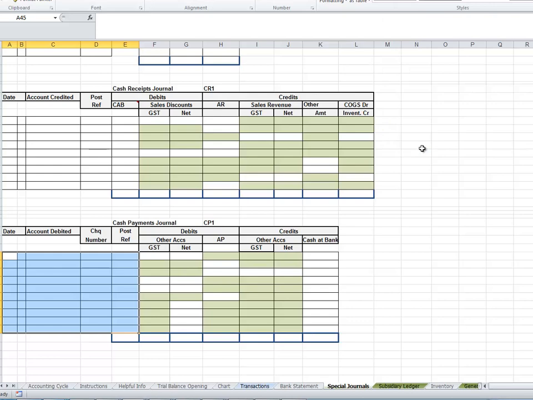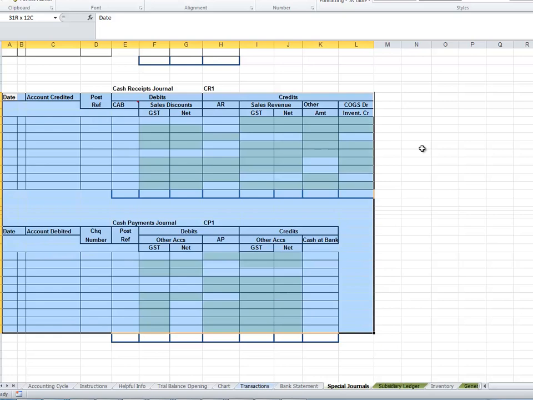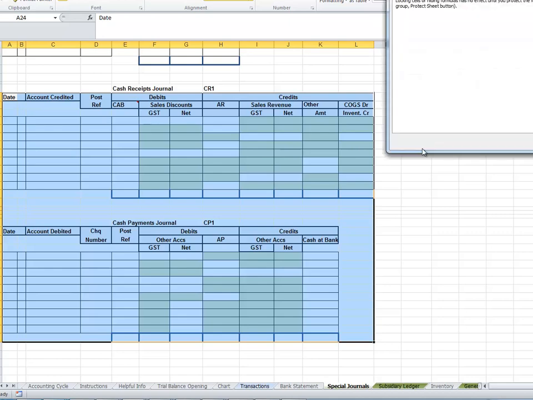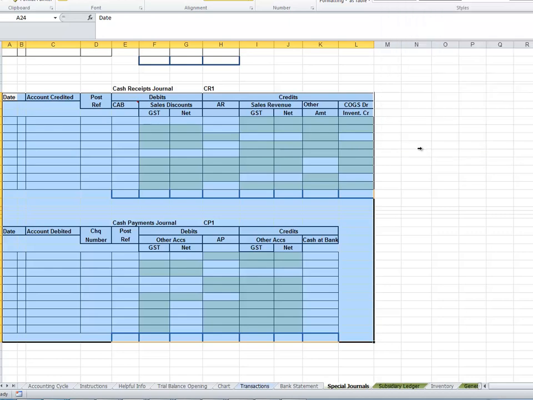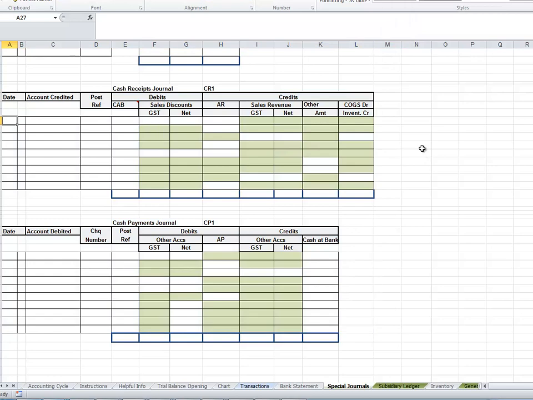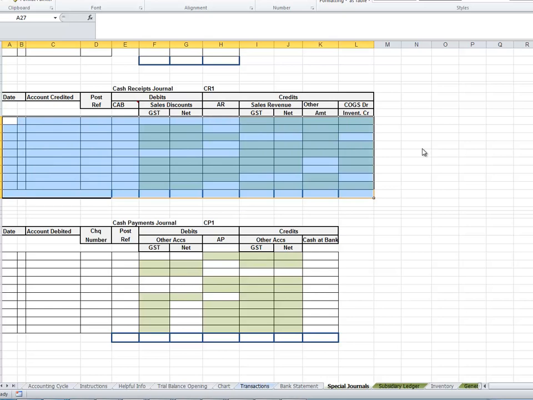Now, we could just do a general check of some of these. We want pretty much all of these to be unprotected. We don't want those in the middle to be unprotected. But let's have a look to see if any other cells are protected. Right, we still have some. So let's go in this area here. We want all of these to be unprotected.